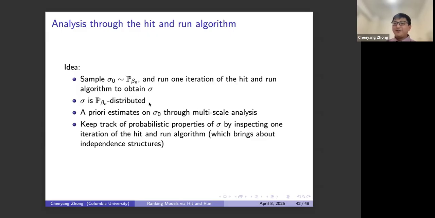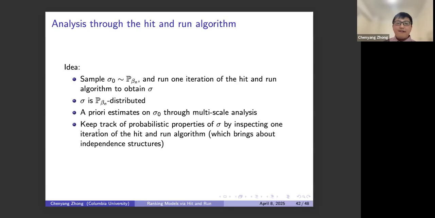This may seem like doing nothing because we're just drawing two permutations with the same distribution. But the caveat is that from sigma 0 to sigma, we use the hit and run algorithm, which brings about a lot of independent structure, because it involves drawing U1 up to UN independently, and then there is a sequential procedure, which also brings about a certain independent structure.